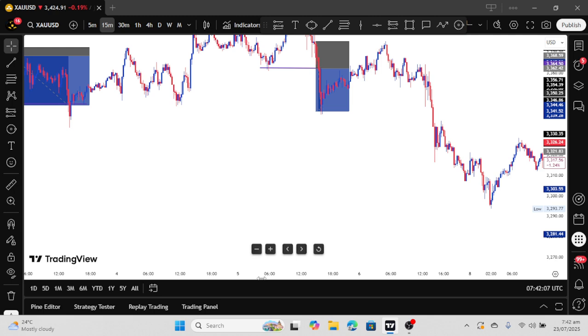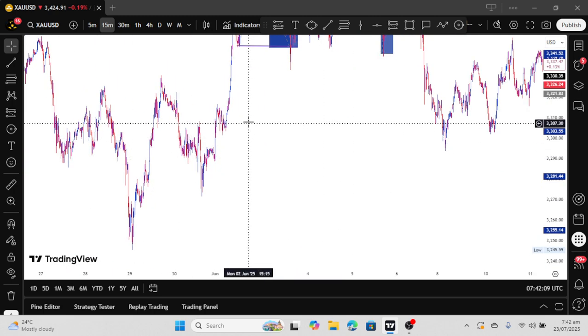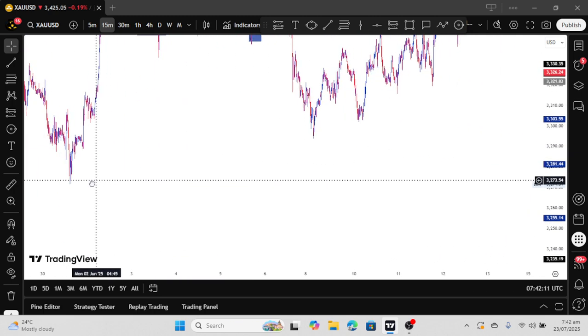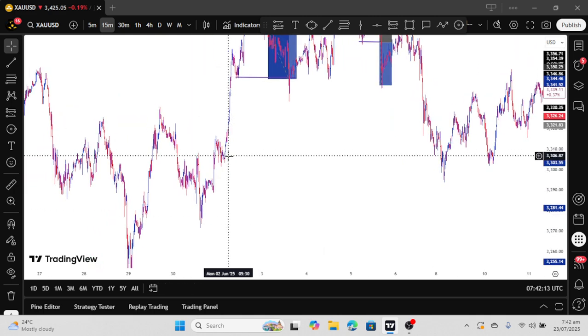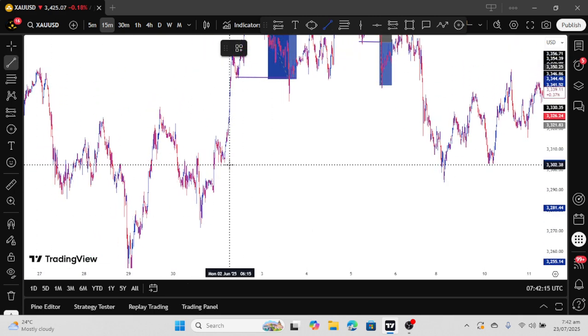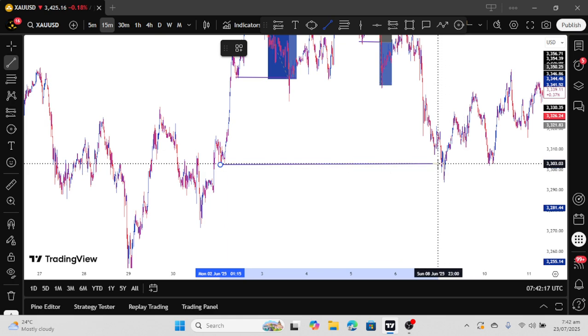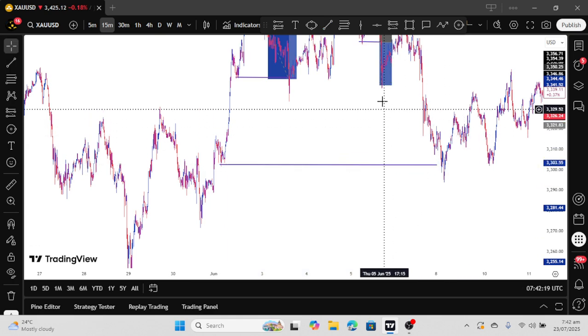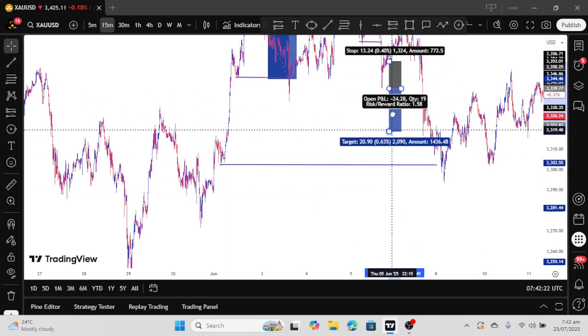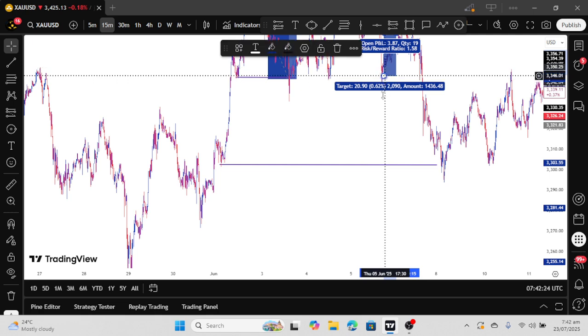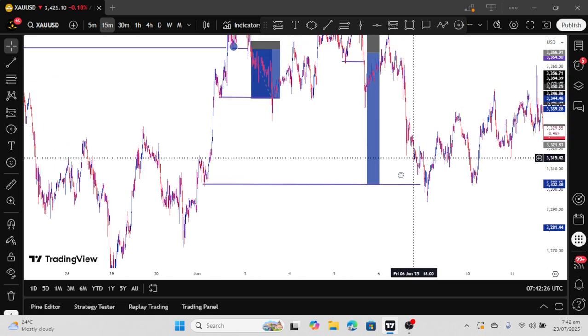And we want to target the next low, which is, you can target this low here. So from this zone to this low here, let's see what we have.